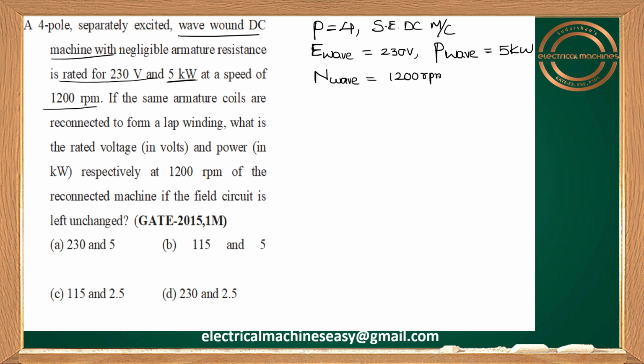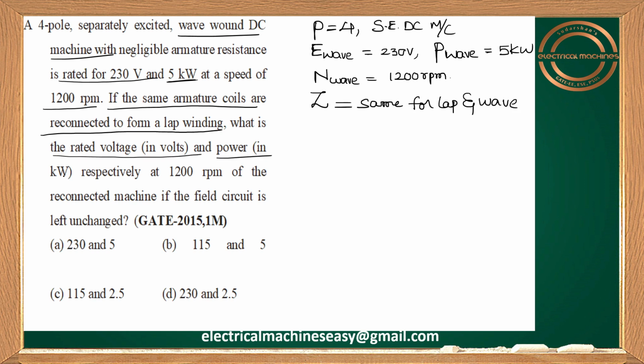Next, if the same armature coils are reconnected to form a lap winding. The same armature coils reconnected means the number of armature conductors will be the same, so Z is the same for lap and wave. What is the rated voltage in volts and power in kilowatts, respectively, at 1200 rpm of the reconnected machine?